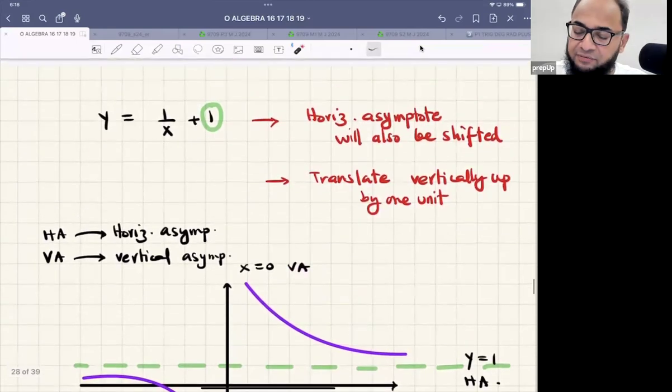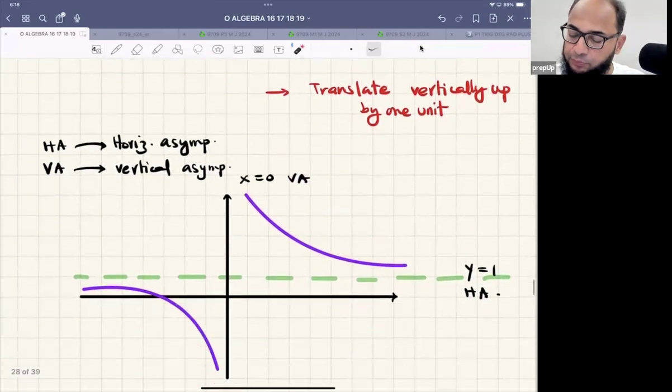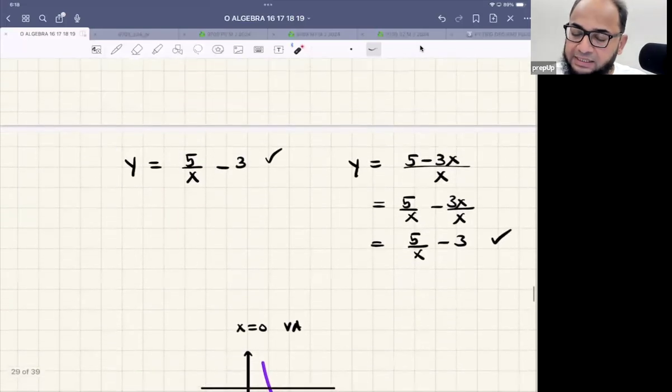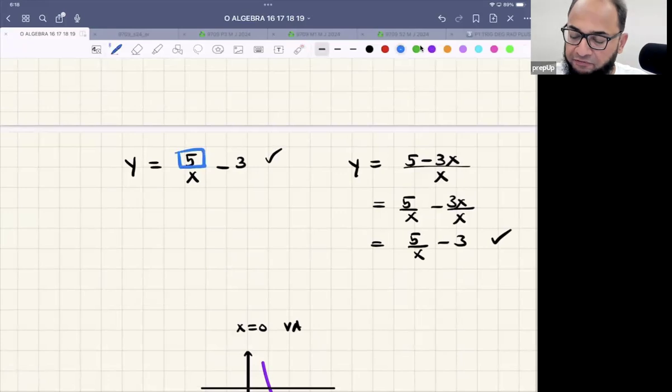So this is the first worked example, y equals x plus 1. The second worked example, y equals 5 over x minus 3. Now some people ask this question, what about this 5?